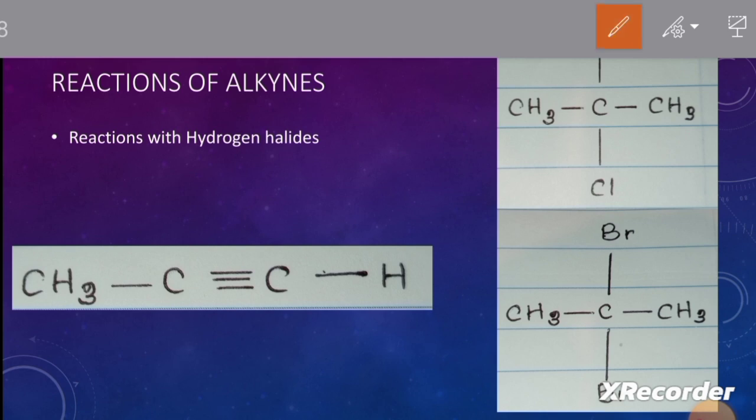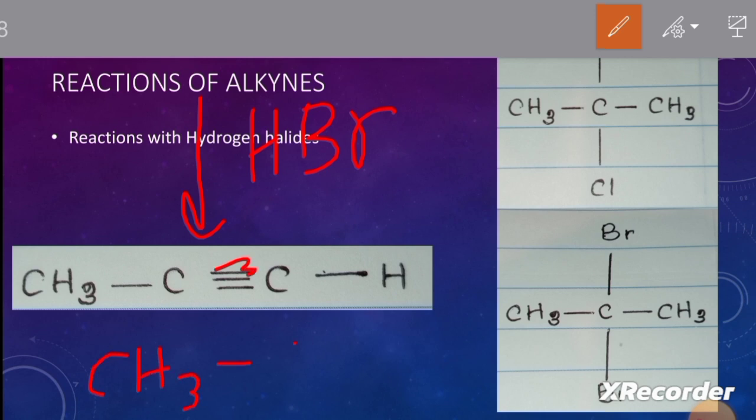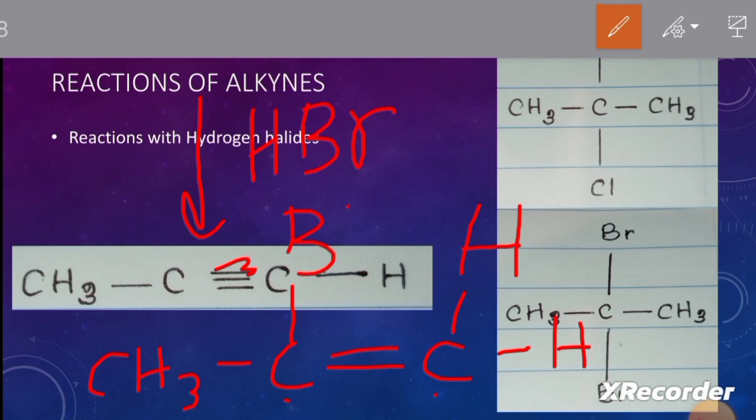This happens because of this. Here when you add HBr to this, one bond breaks and forms CH3, C double bond CH. From these two carbons, the carbon with more hydrogen is this one. So hydrogen joins to this one and bromine joins to this one.